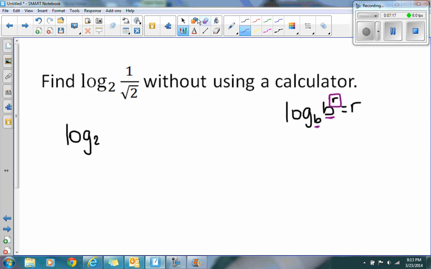So if I can write log base 2 of 1 over square root of 2 as log base 2 of 2 to some power, then my answer will be very easy to compute without using my calculator. Now I know a square root means it's raised to the 1/2 power, and if I drop it to the bottom of the fraction, that makes it negative. So log base 2 of 2 to the negative 1/2 power is equal to negative 1/2.